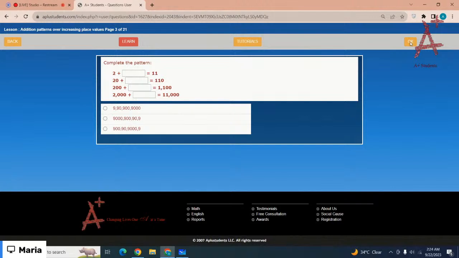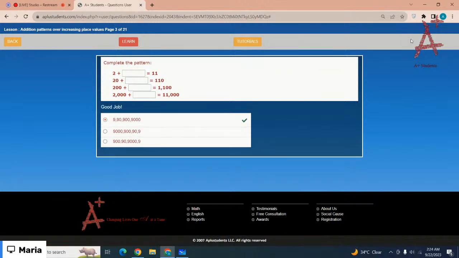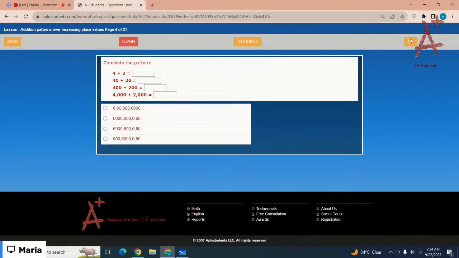The correct option is... yes, that would be 2 plus 9, 90, 900 and 9,000. Foma, you have to write the answers just once. I repeat this sentence daily and daily for you only.